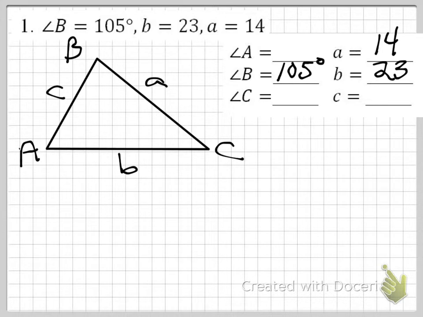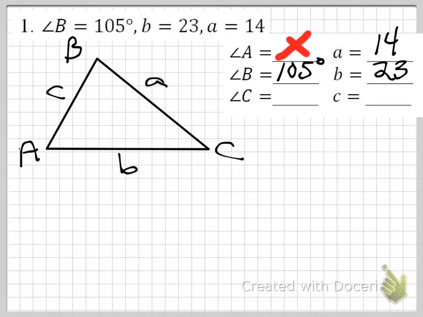So since I have a pair, I'm definitely going to use sine of 105 degrees and that its side is 23. I am noticing though that this angle is missing, even though I'm given the side. So I'm going to start with that first.